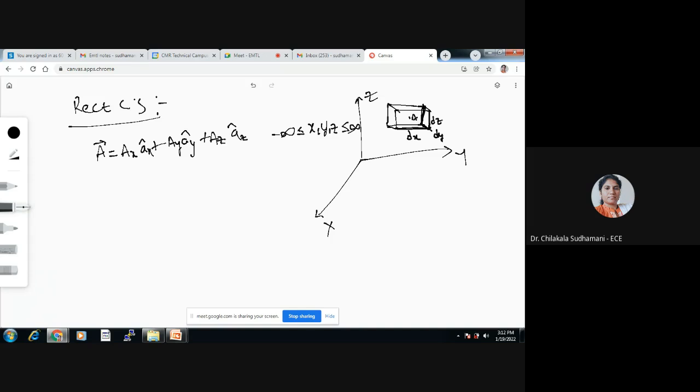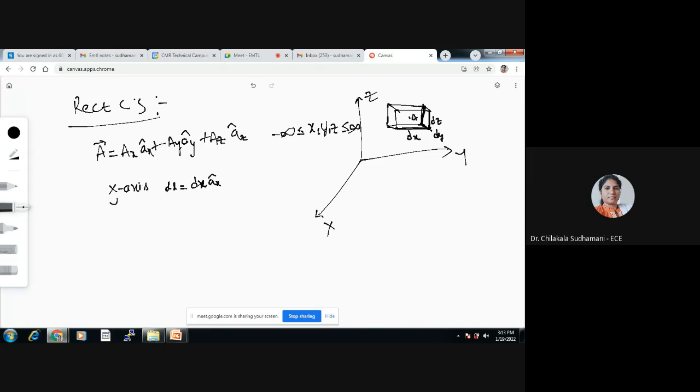Along the x-axis, what is the length value? For a small length I can write dl. Only along the x-axis the length is dx, and with direction it is dx ax cap.